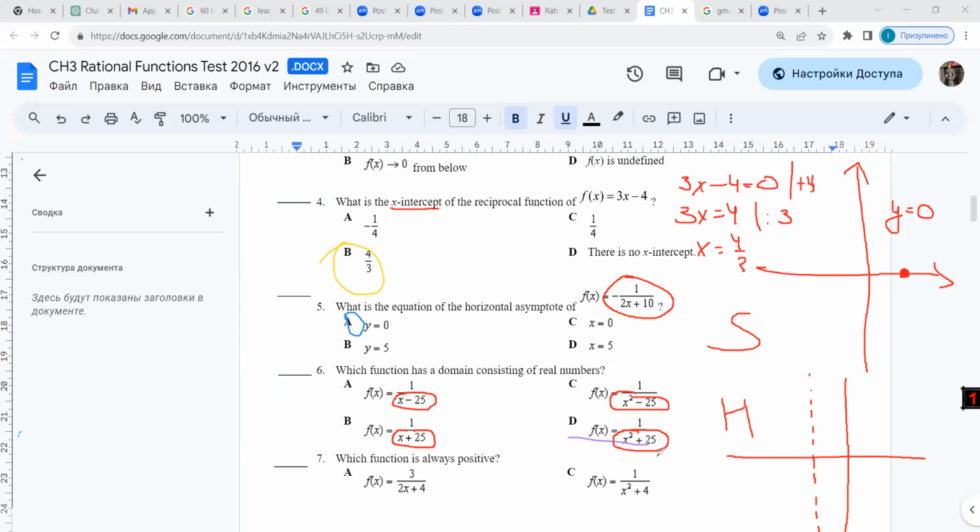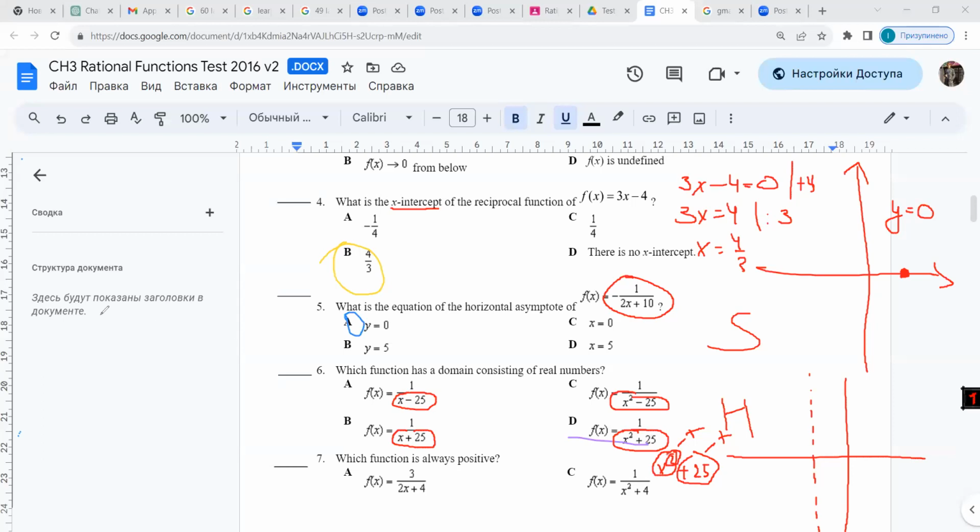Meanwhile, question D has x squared plus 25, which means this denominator is always going to be positive, because x squared is a positive number as well as plus 25 is a positive number.